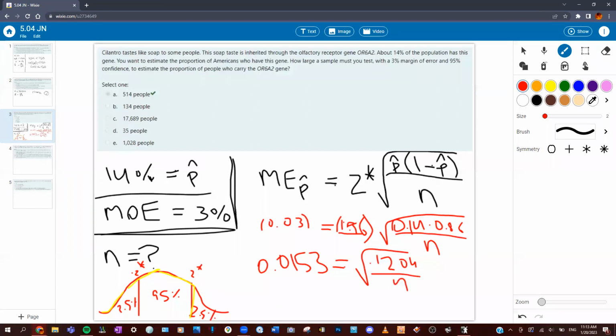Okay, then we square both sides. We square both sides, and that's going to make us have a very small number, which is, we just have to do scientific notation for now. And that equals, sorry, this is messy. I just don't have a lot of space on this.